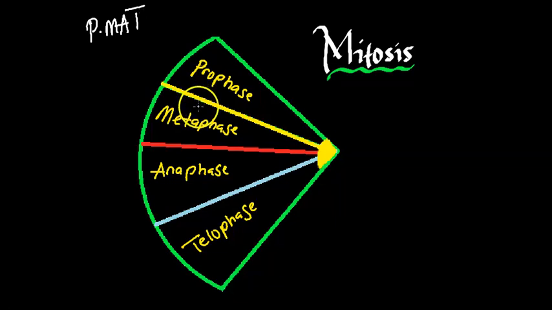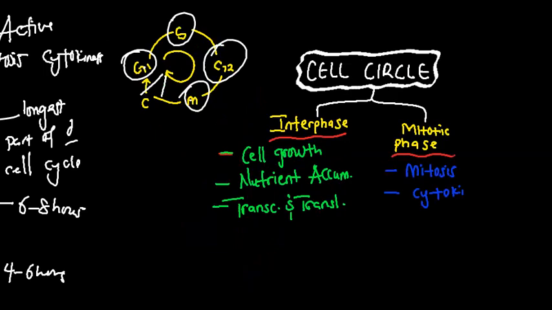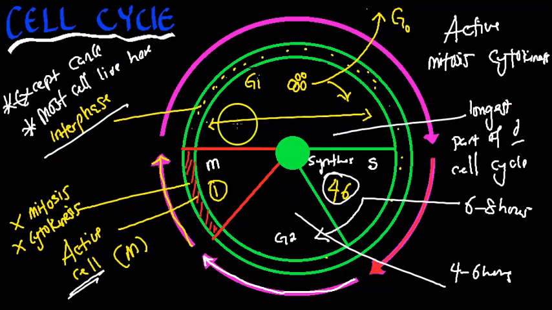So this is where the cytokinesis lies. Let's take an example. Let's say this place, this yellow part or yellow portion, we can call it cytokinesis.